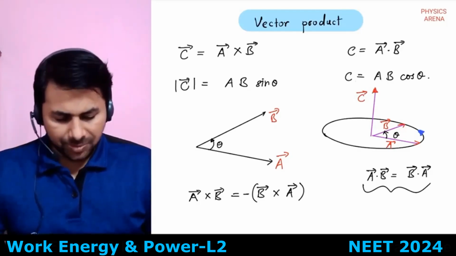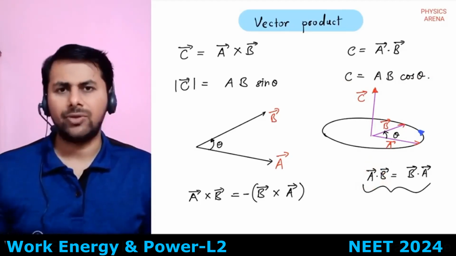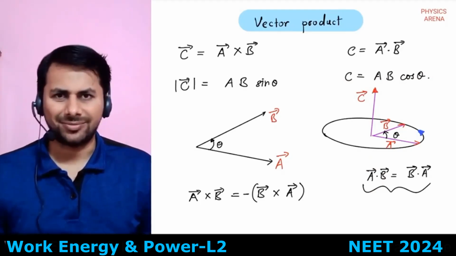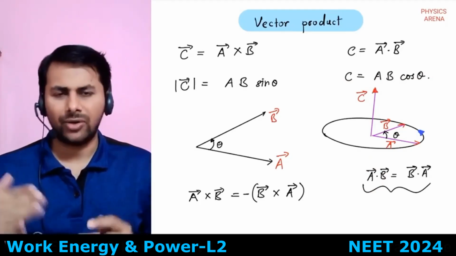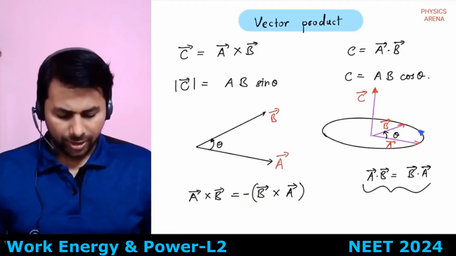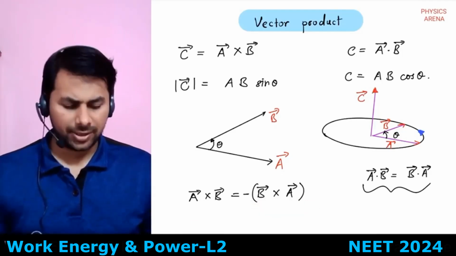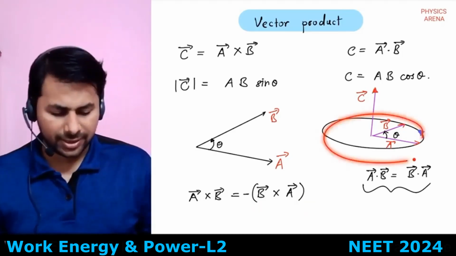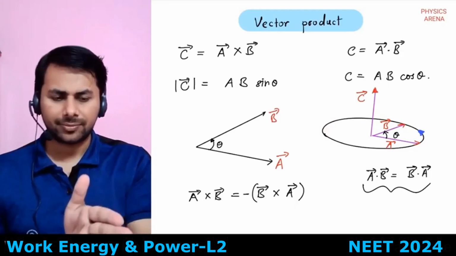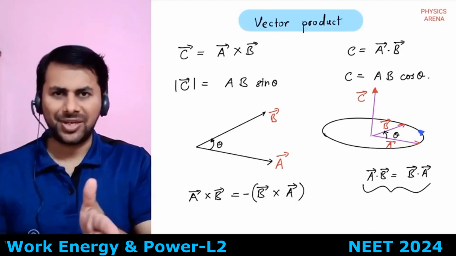Now in case of scalar product, you had a bar dot b bar equal to b bar dot a bar, so the order of a and b doesn't matter. But in case of vector product, you have a bar cross b bar equal to minus of b bar cross a bar. So the magnitude will remain the same, but the direction will be opposite. Just try doing b bar cross a bar. You will keep your right hand in the direction of b bar and curl the fingers in a natural way towards a bar.